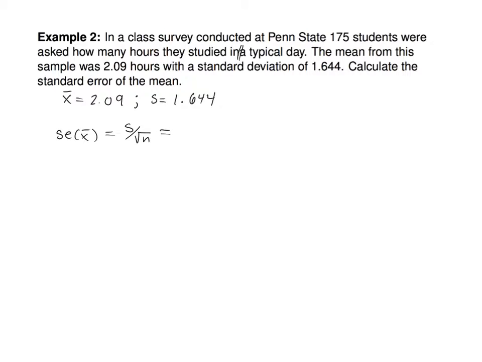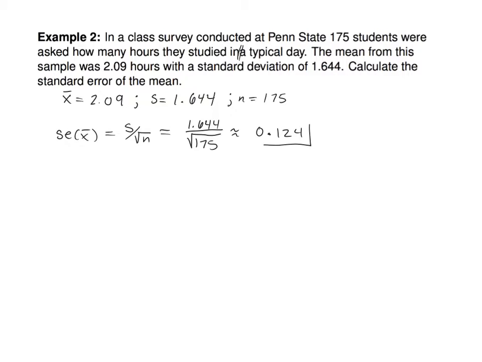What was our n? 175, great. So what goes in for s? 1.644 over root 175. And that comes out to be about, I got 0.124.